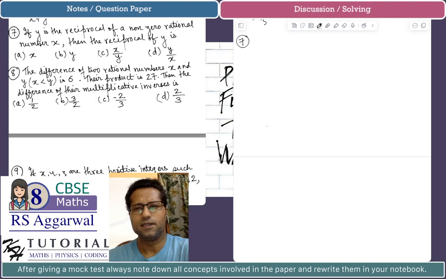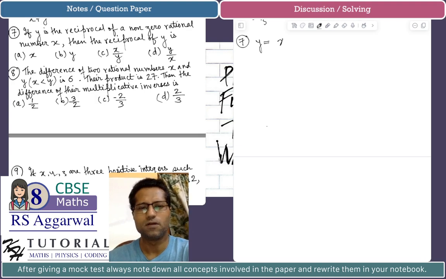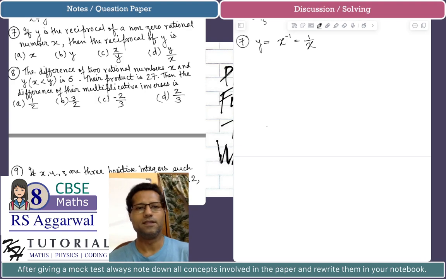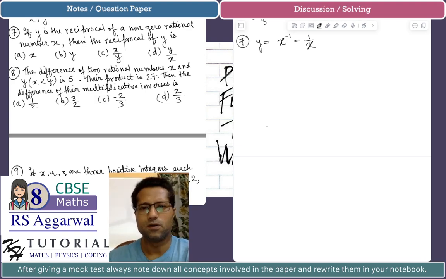It is saying that y is the reciprocal of a non-zero rational number x. So the reciprocal of a non-zero rational number x means x to the power minus 1, that is 1 by x. Then the reciprocal of y is asked.